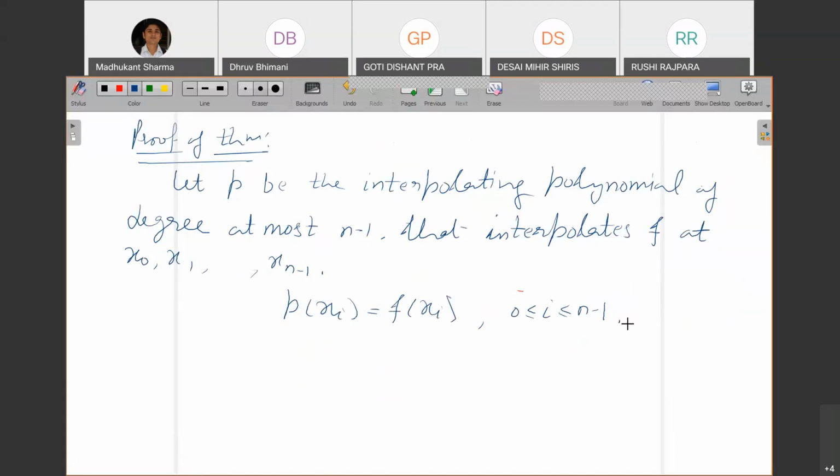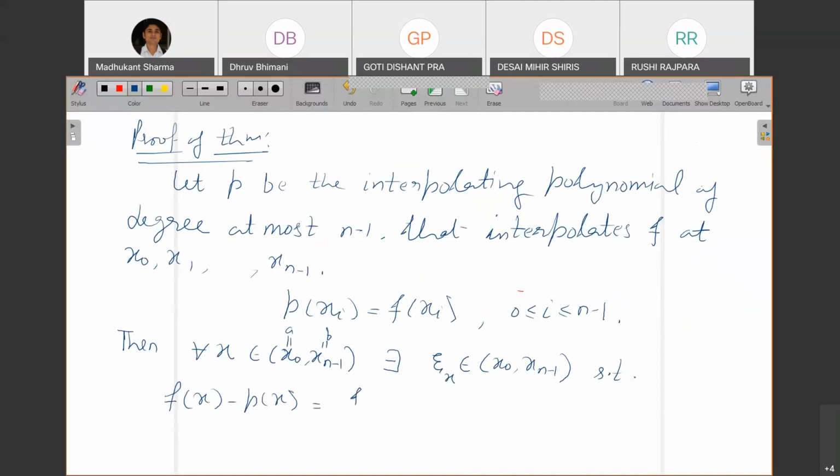Then error in polynomial interpolation tells us that for every x in the interval [a, b], that is x0 to xn minus 1, this is your a and that is your b, if you recall the interpolating polynomial theorem, there exists a z, which depends on x, in x0 to xn minus 1 such that f of x minus p of x equals the nth derivative of f at that z divided by n factorial times the product for i equals 0 to n minus 1 of x minus xi.